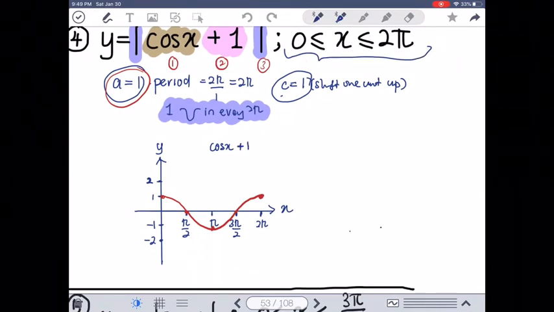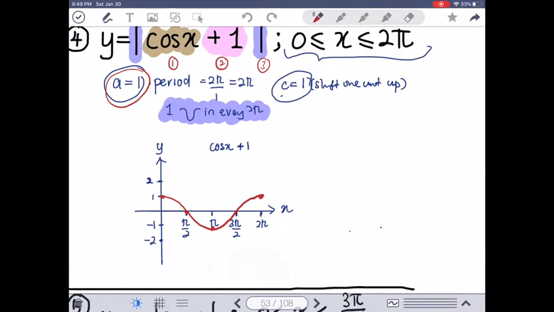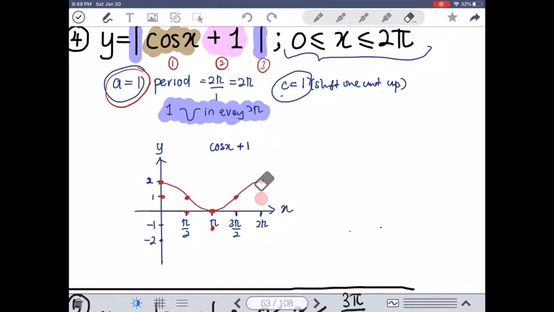Plus 1 means that we shift everything upwards 1 unit. So 1 to 2, 0 to 1, negative 1 to 0, 0 to 1, 1 to 2. So after we shift, we will get that. Sorry. And the third one, so you can erase the old part.